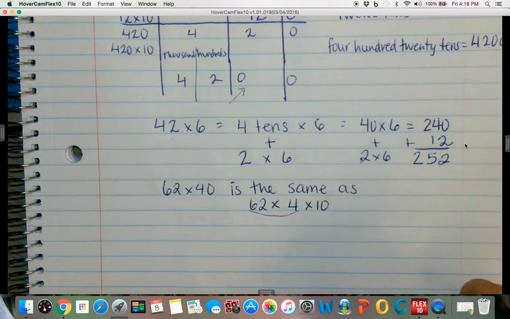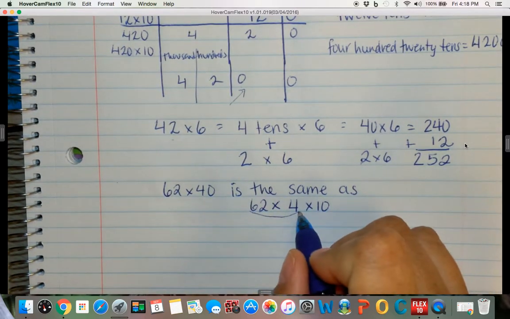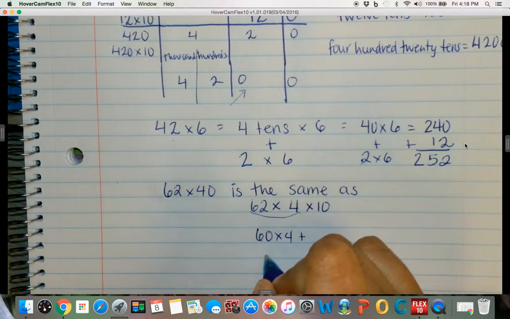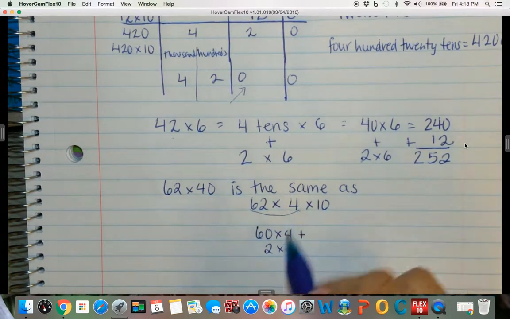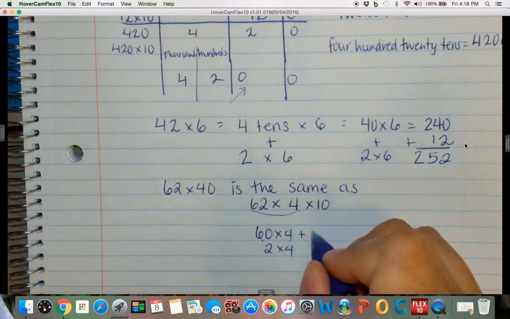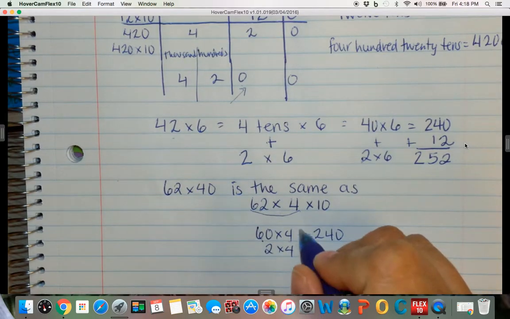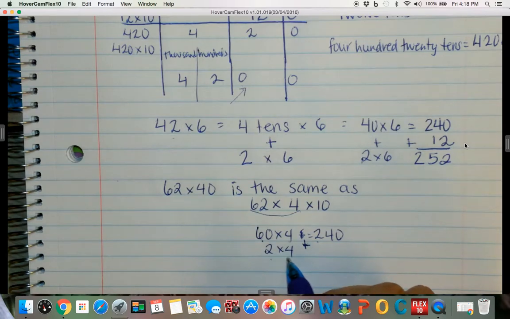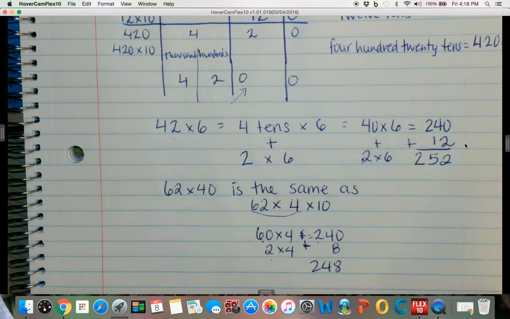You're breaking the numbers down. So 62 times 4 is 60 times 4 plus 2 times 4. 60 groups of 4 is 240, plus 2 times 4, which is 8, which is 248.